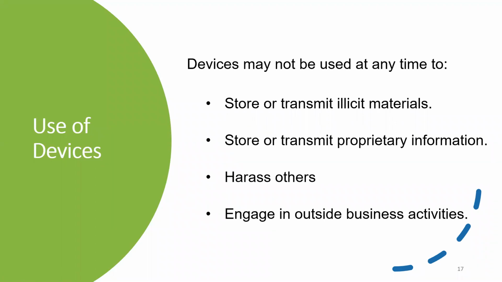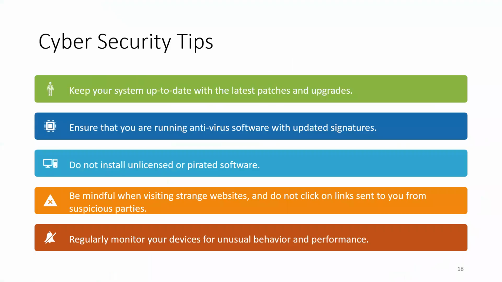I want us to keep our systems up to date. What do I mean by that? It means make sure that we're using operating systems that are not end of life or old. Make sure our antivirus is not expired.